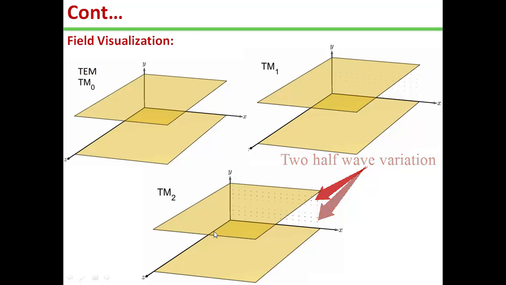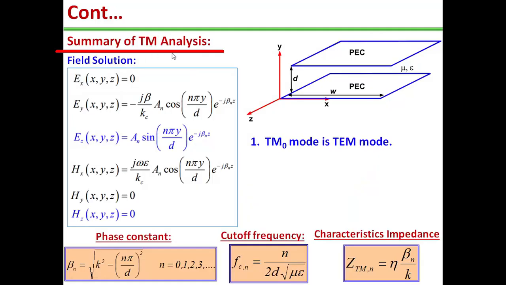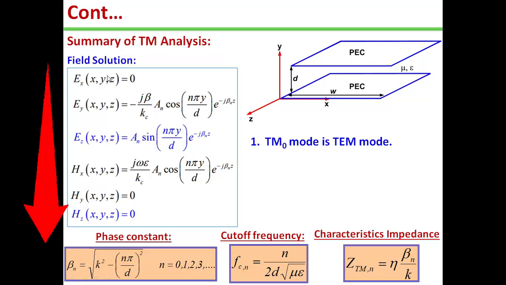Here, the summary of the TM mode analysis is given. We have calculated all the field parameters for the TM mode and we found Ex equal to 0 and Ey equal to minus j beta divided by kc an cos n pi y by d e to the power minus j beta z, whereas we found the Ez component as an sin n pi y by d e to the power minus j beta z.